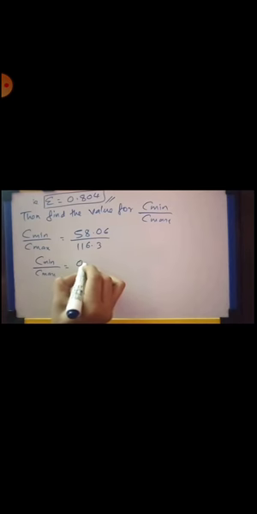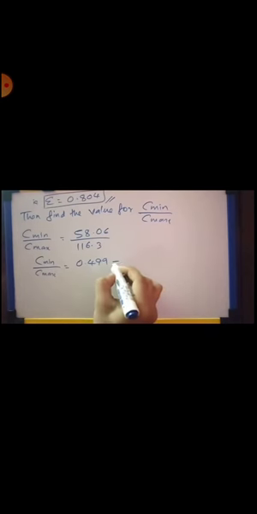While calculating, we get the answer as 0.499, that is approximately equal to 0.5. Thus, we got the values for epsilon and C minimum by C max.